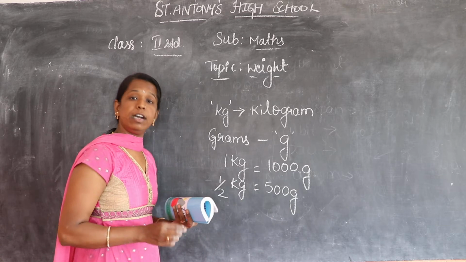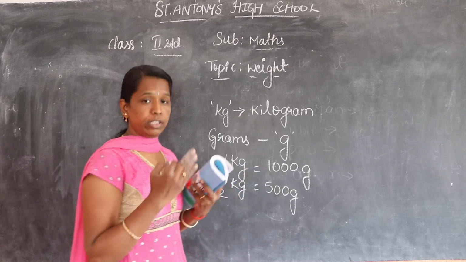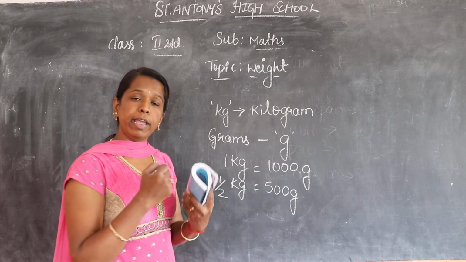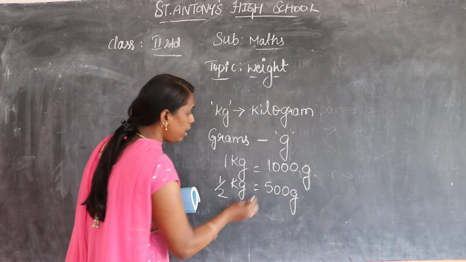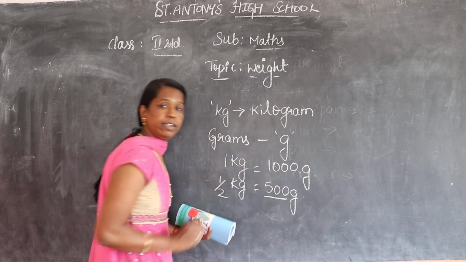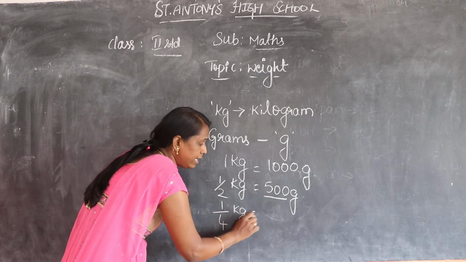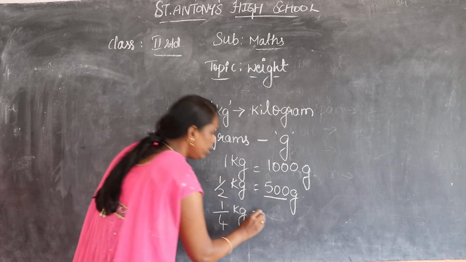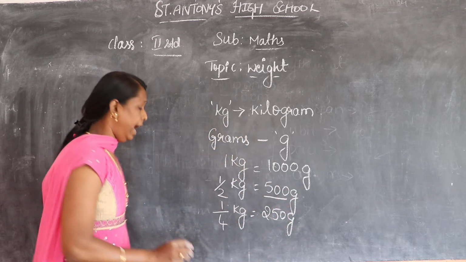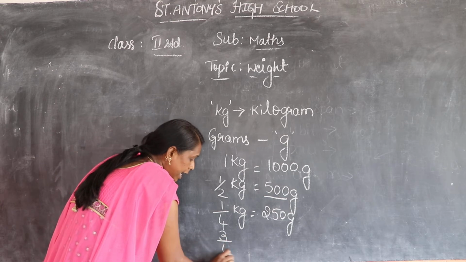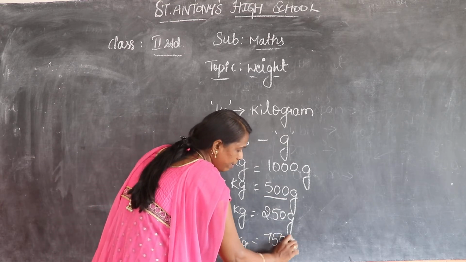So if you are buying some groceries, you have to visit the grocery shop. If you buy half kg, the electronic weighing machine measures 500 gram, and 1 by 4 kg, that is quarter kg, measures 250 gram, and 3 by 4 kg measures 750 gram.